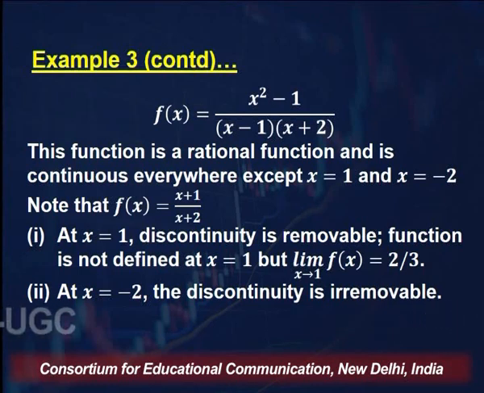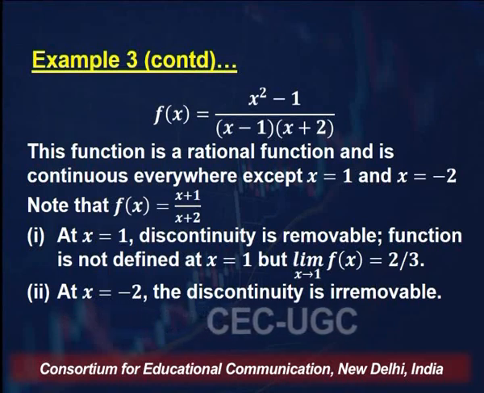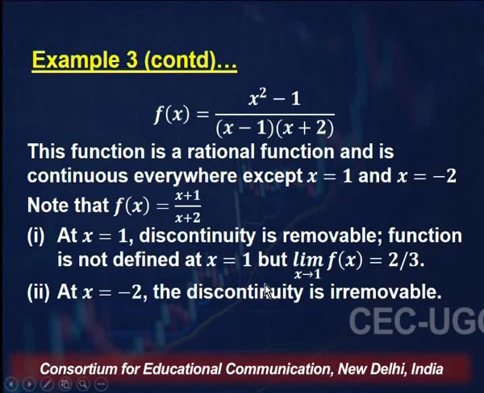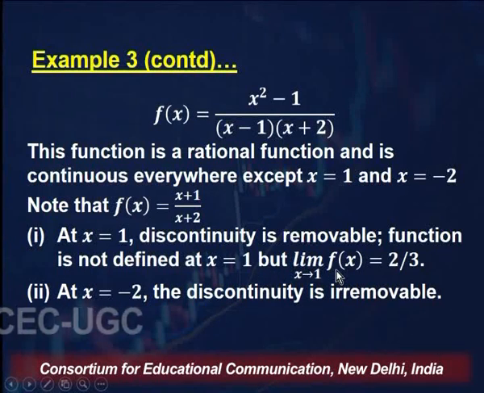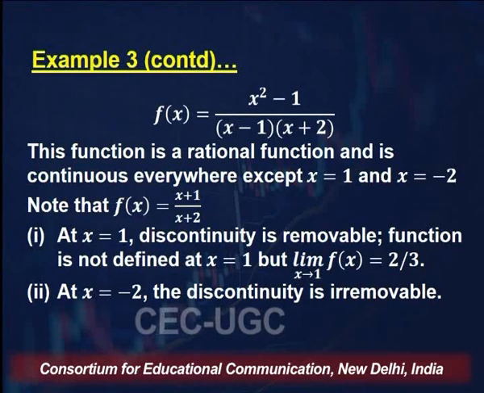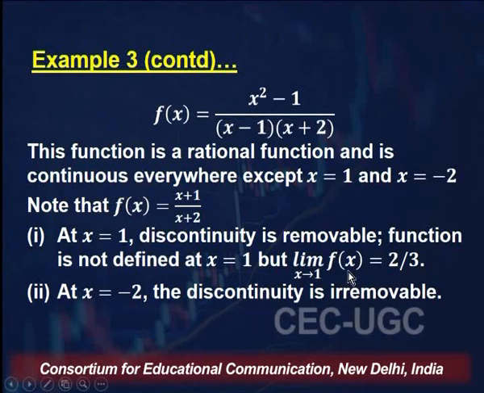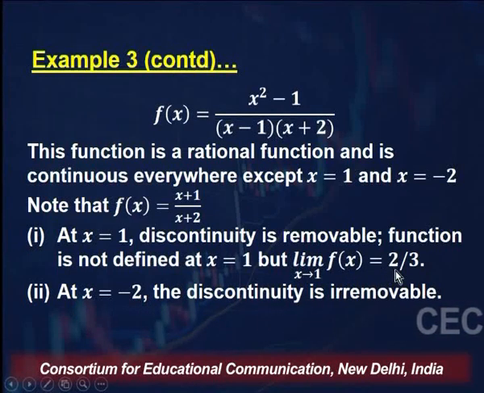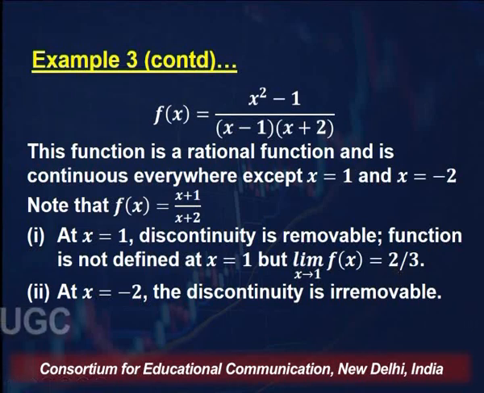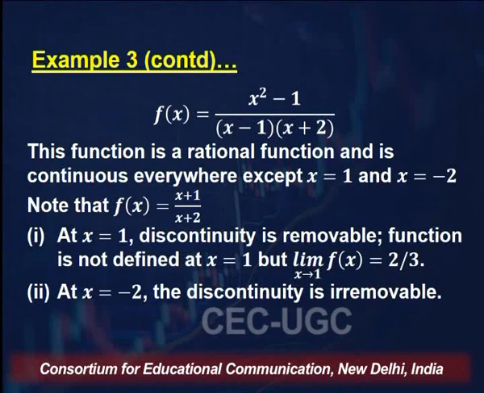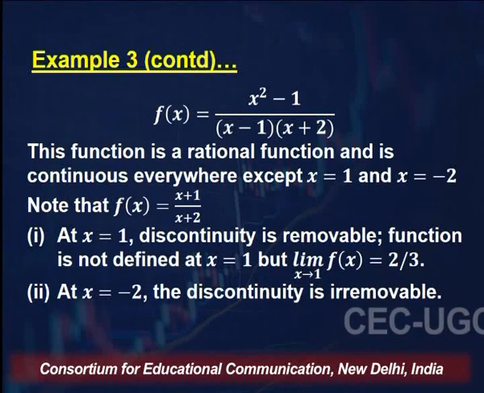So this is a classic case of a removable discontinuity. The function is not defined at x equal to 1, but all I have to do is redefine the function. So let's redefine the function to say that if x is equal to 1, then the value of the function is 2 by 3, which is nothing but the limit. And that will take care of the discontinuity, and you can remove the discontinuity.